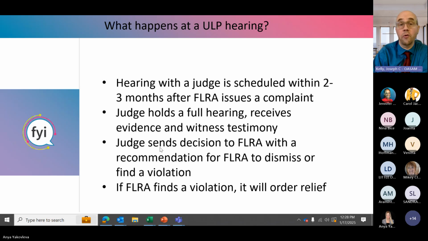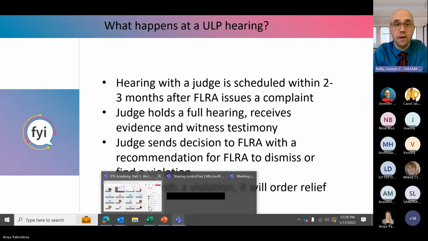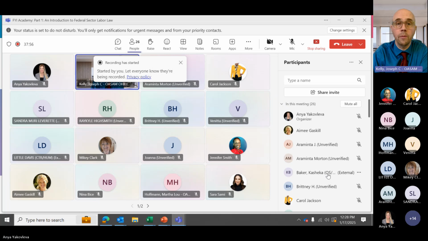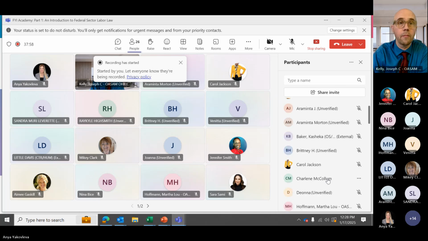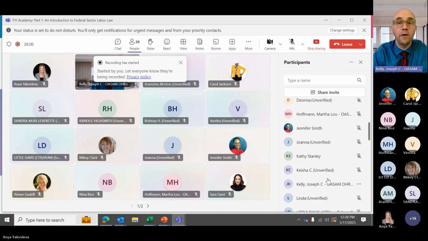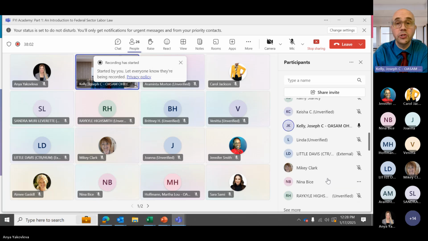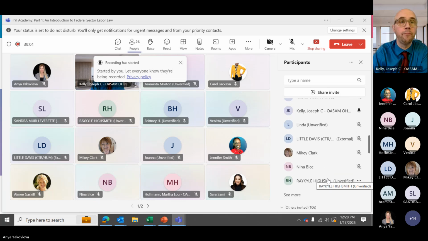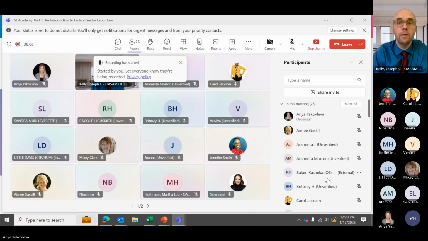And if the FLRA does find a violation, pursuant to the judge's report, then the FLRA will issue relief. Next slide, please.